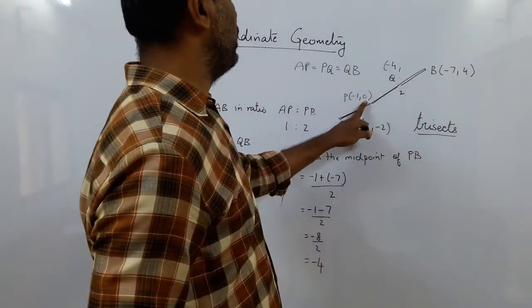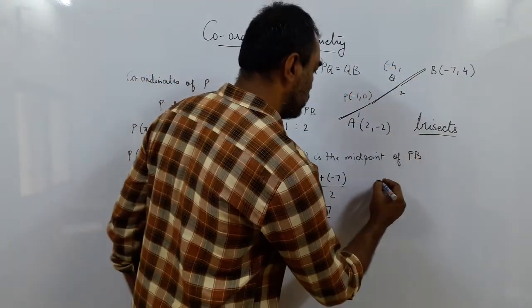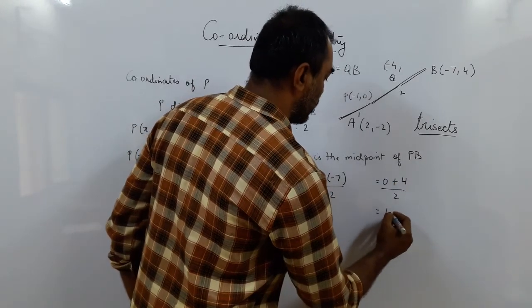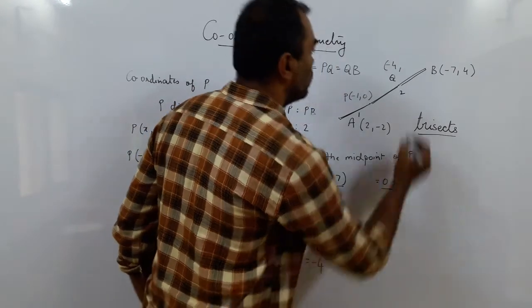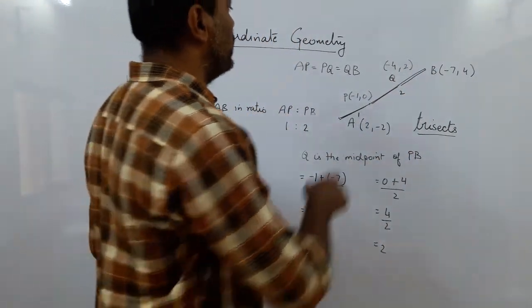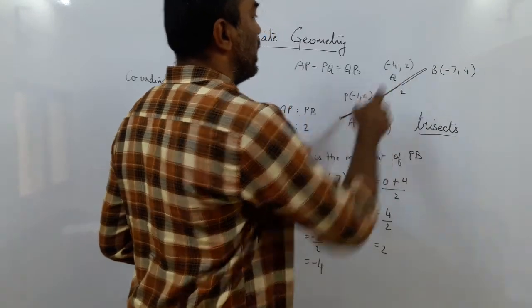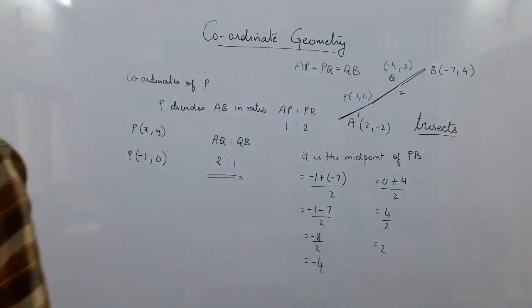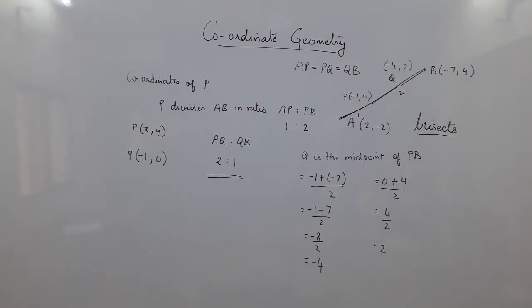And similarly the y: 0 plus 4 upon 2 is 4 upon 2, which is 2. So the point is minus 4 comma 2. So these 2 points, minus 1 comma 0 and minus 4 comma 2, trisect AB, meaning they cut AB into 3 equal parts.